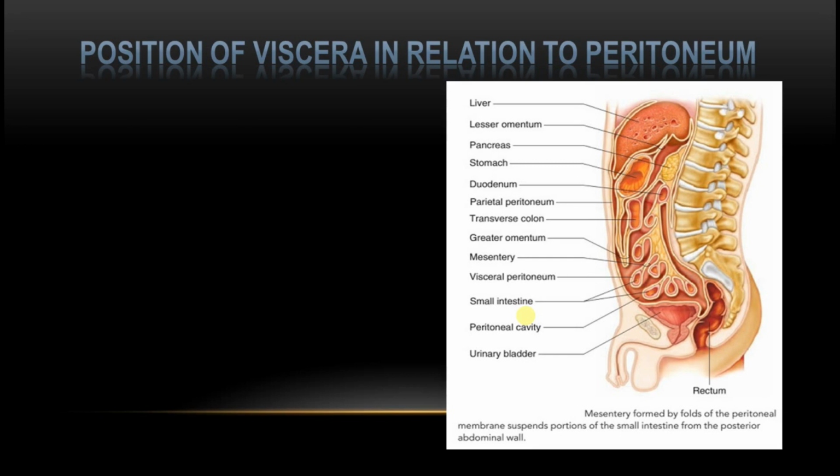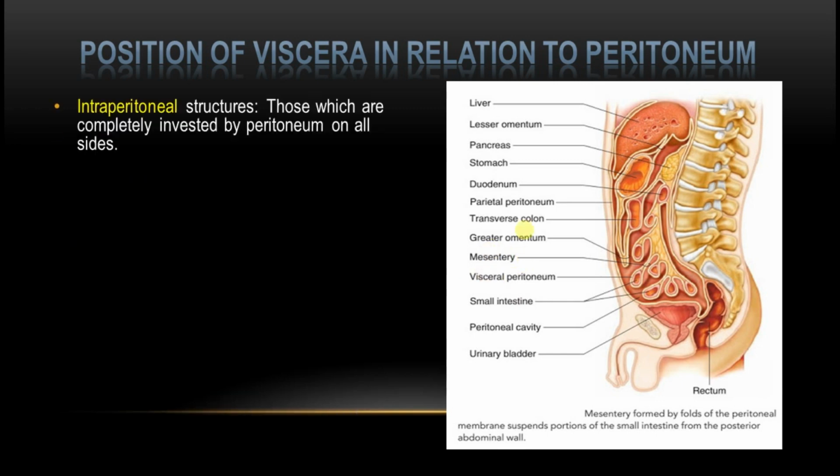Now, I told you that the viscera invaginate into the simple peritoneal cavity, and thereby the peritoneal cavity is reduced to a potential space. So, do all viscera invaginate into the peritoneal cavity? Not necessarily. Based on their covering of peritoneum, we can classify them.